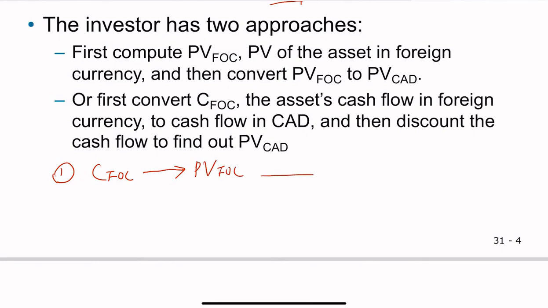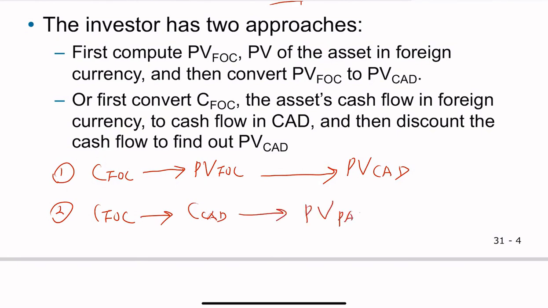And then it will convert this number into present value in Canadian dollars. In the second approach, it will first convert the cash flow into the cash flow in Canadian dollars, and then it will calculate the present value in CAD, right? So basically, you can see that the currency conversion happens at different stages.